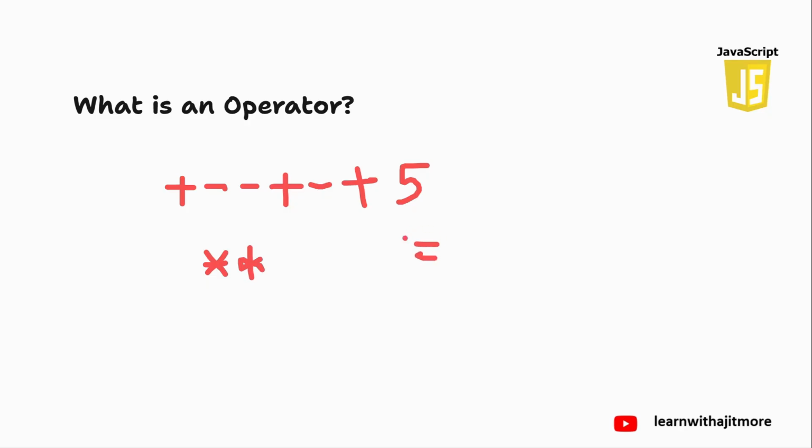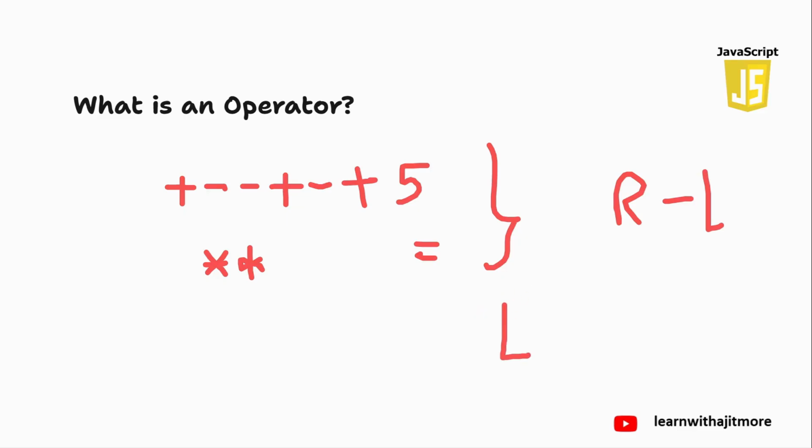And in binary, the raise to operator, that is double star, and the assignment operator. Assignment means not only simple assignment, compound assignment also, like plus equal, minus equal. So the assignment operators and the raise to operator in binary, and prefix in unary, have right to left associativity.